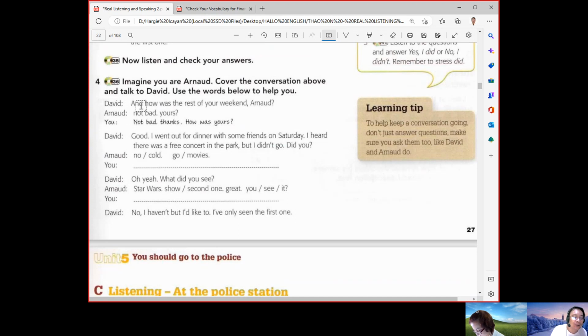Let's try. According to David, and how was the rest of your weekend, Arnaud? So Arnaud said, not bad, thanks. How was yours? So according to David, good. I went out for dinner with some friends earlier. There was a free concert at the bar, but I didn't go. Did you? According to Arnaud, no, I didn't.